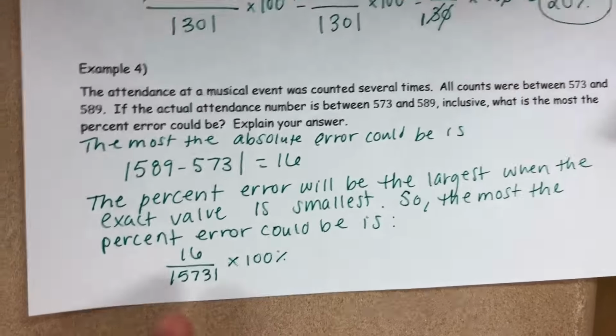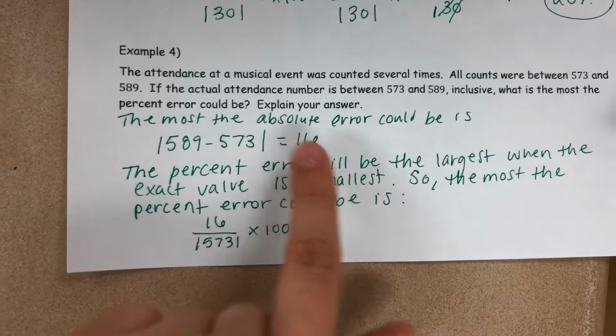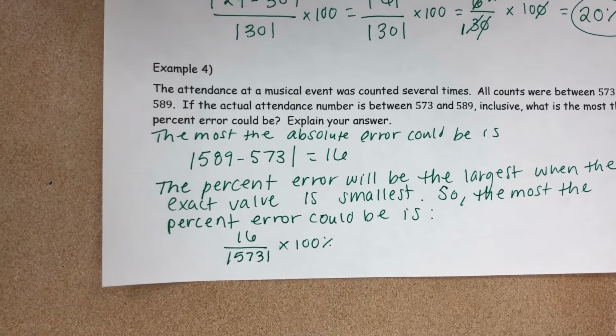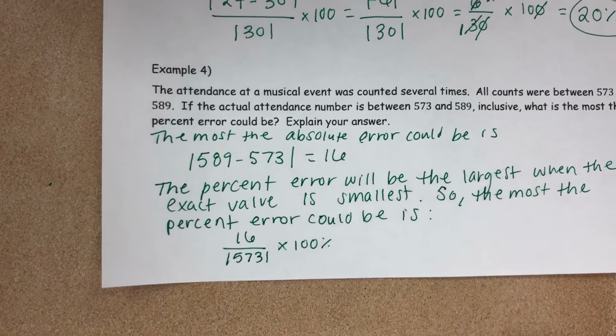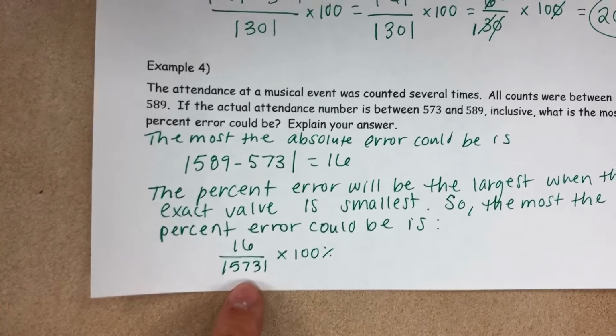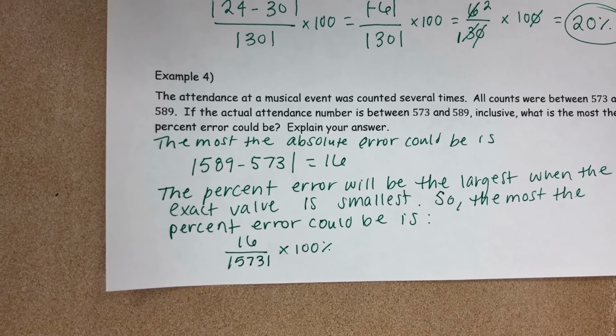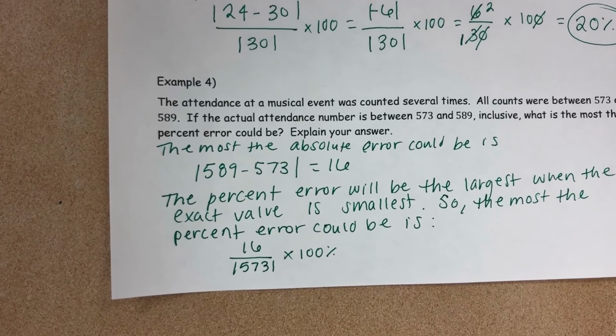If I were to divide by this number, the 573, the percent error will be larger. Think about when you divide by a number. If I were to divide by the 589, it would be smaller. Think about what happens when you divide.